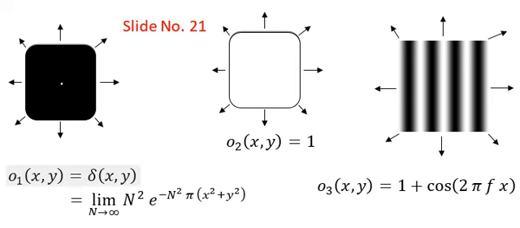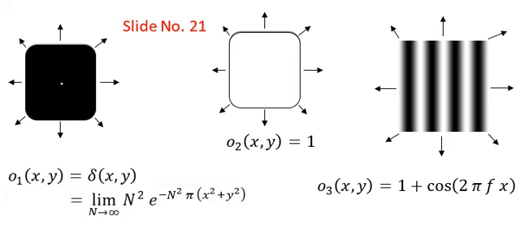But if x and y deviate from 0, we immediately get 0 response. Delta functions have many definitions in mathematics, and we are considering only one: the delta function is equal to the limit as n goes to infinity of n square times e to the power minus n square pi times the bracket x square plus y square. We shall examine this function in greater detail in the next slide.